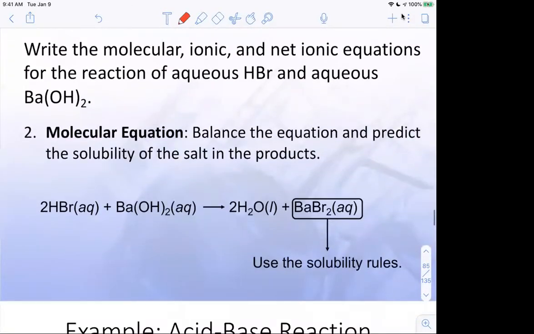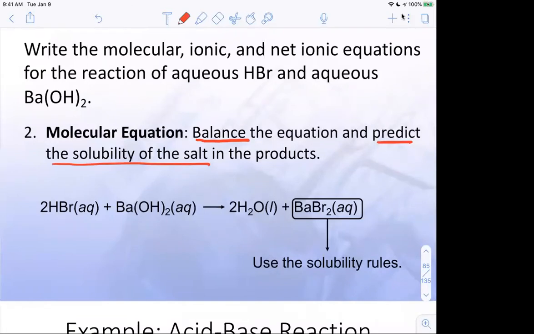The second step, when I want to do this molecular equation, is I want to make sure I balance the equation and predict the solubility of the salt. Barium bromide is going to be aqueous. It is soluble. I'm not going to form a precipitate.